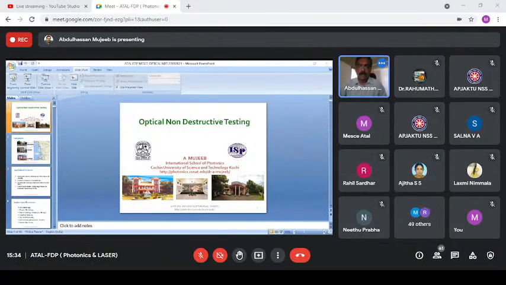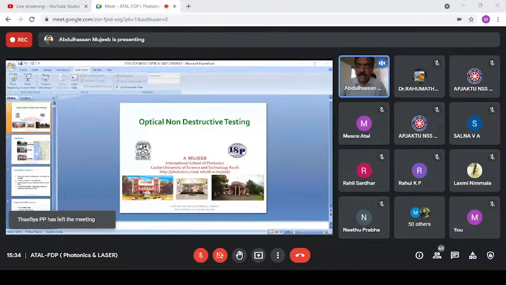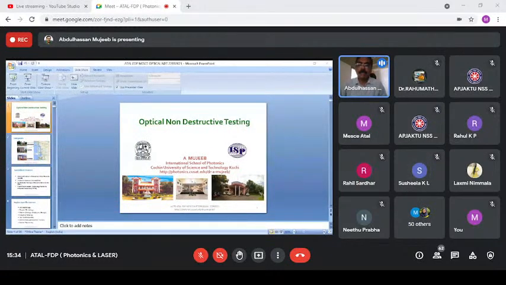In fact, my happiness is because this is organized by MES College of Engineering, where I spent nearly 8 years of my service, my initial service as a lecturer in physics, from the very inception of this institute in 1994. I received immense experience in curriculum, co-curricular and extracurricular activities, and that has molded me as a good administrator and teacher.